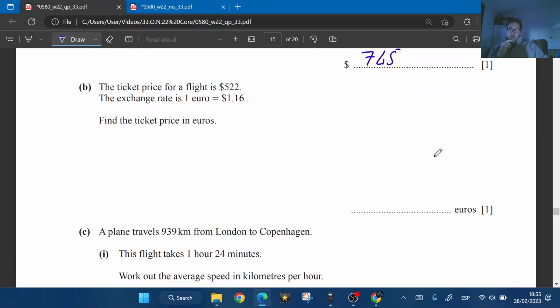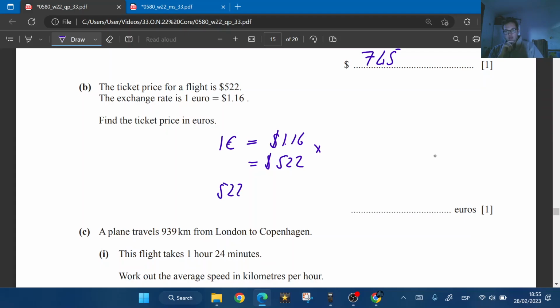Question B: the ticket price for a flight is $522. The exchange rate is €1 is $1.16. Find the price in euros. So we've got €1 equals $1.16. Then they give us 522. So how do we change one? What do we multiply? 1.16 times what gives us 522?